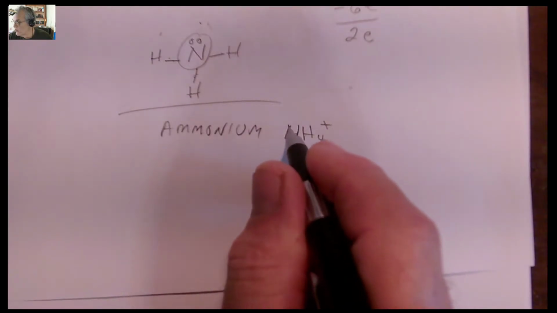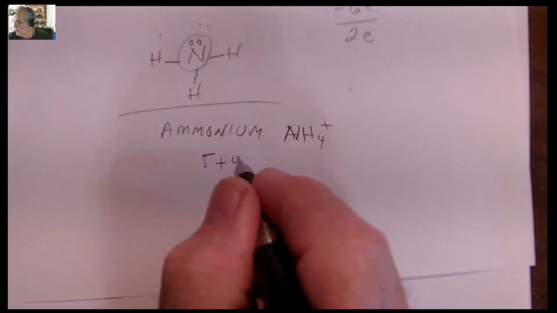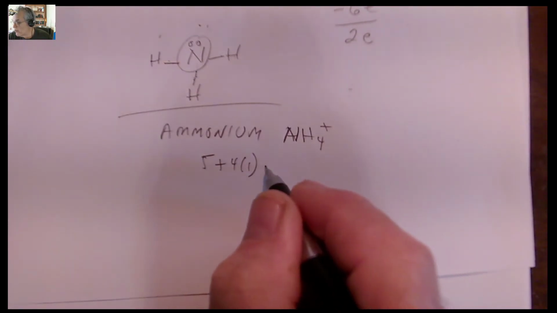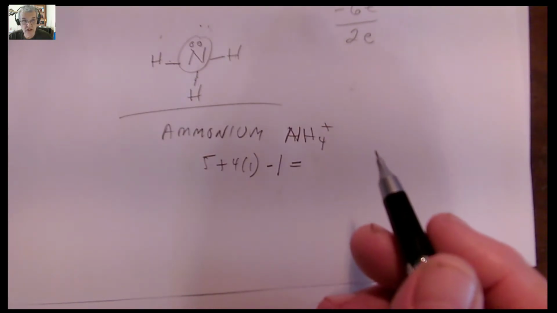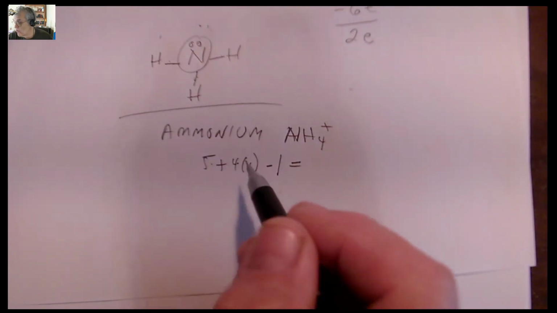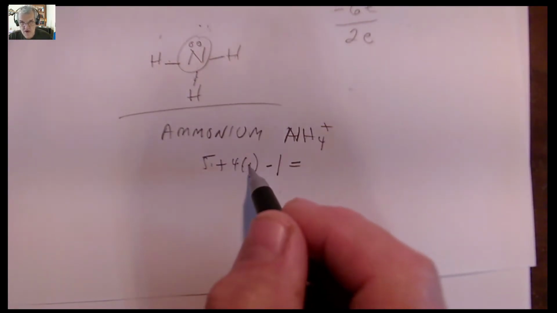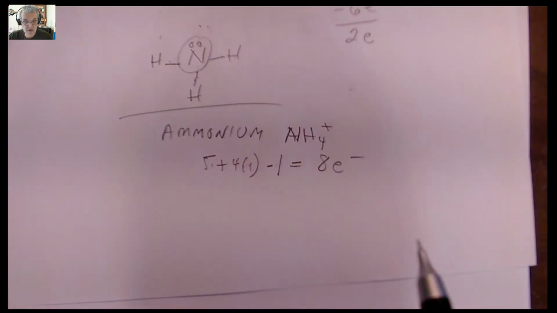So we know nitrogen has 5. Each hydrogen has 1, so 4 times 1. But there's going to be minus 1 in this case because that's where we get the positive charge. So 5 plus 4 times 1 is what? 9 minus 1, we have, again, 8 electrons just like we had before.